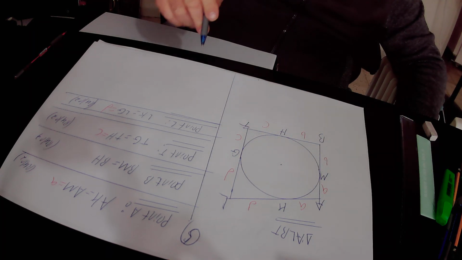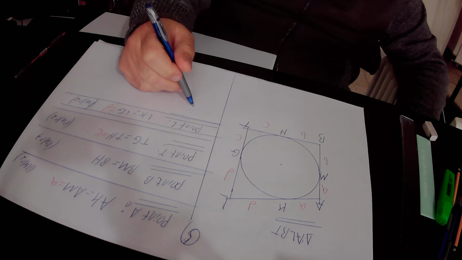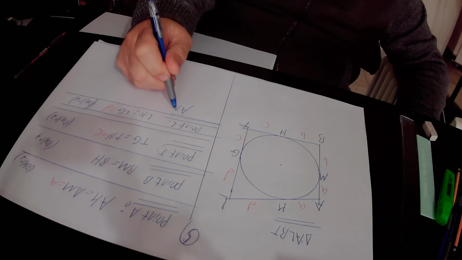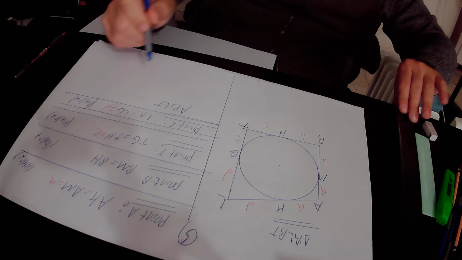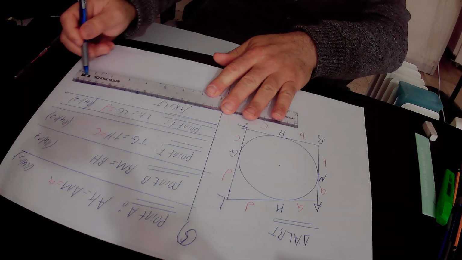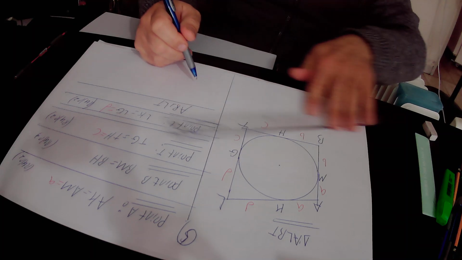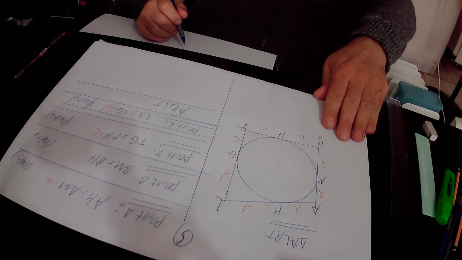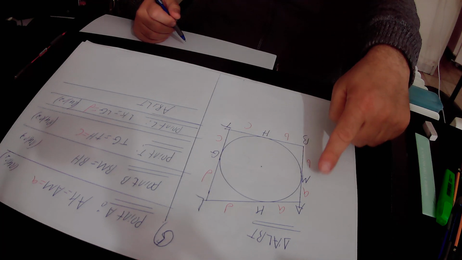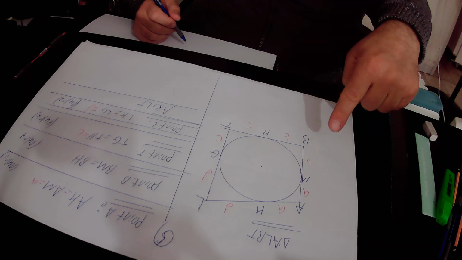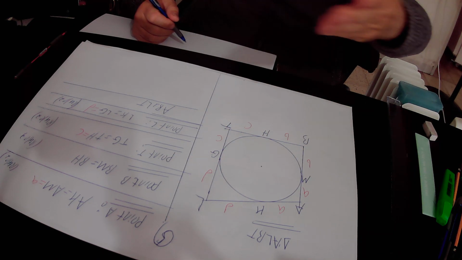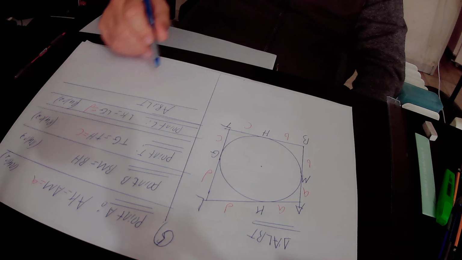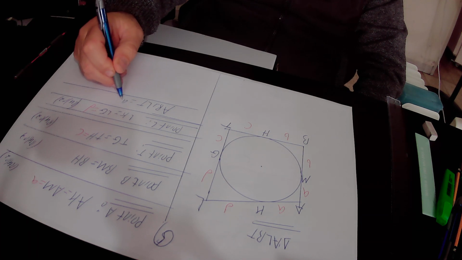So what is the value of AB plus the opposite side, side LT? From the drawing it is very easy to see that AB equals A plus B and LT equals C plus D. So in total AB plus LT equals A plus B plus C plus D.